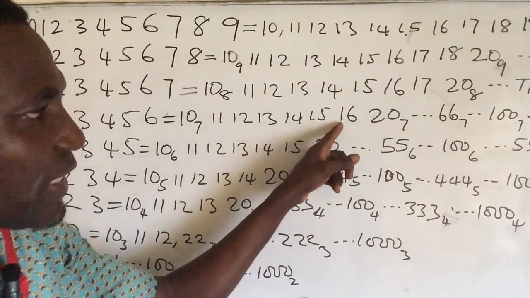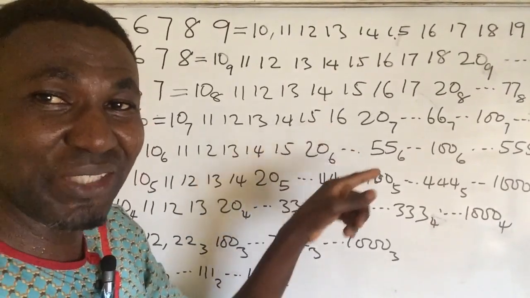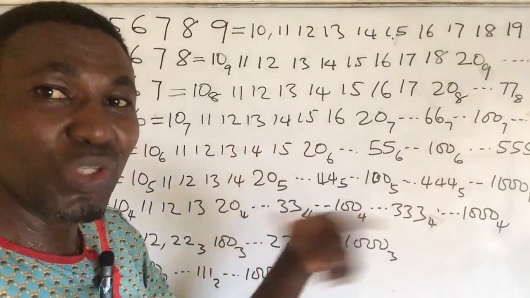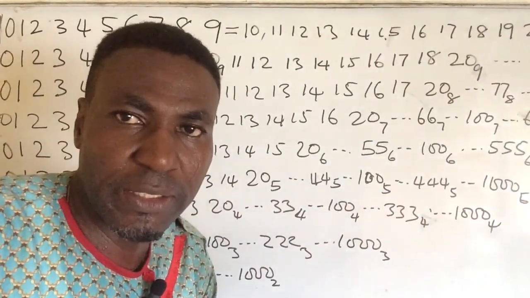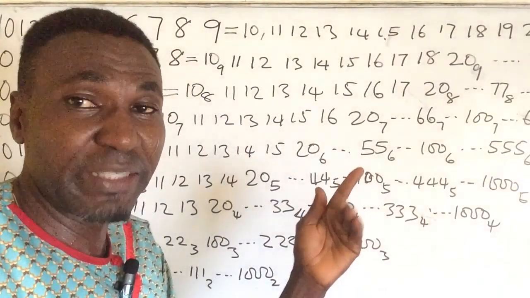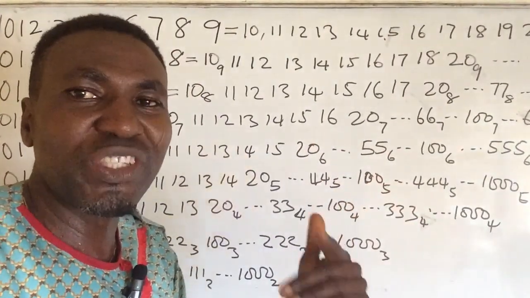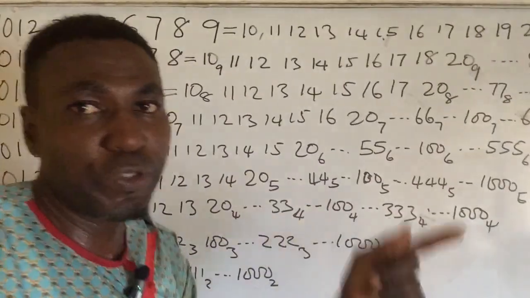Just like, if I will call it 20, it's only when you meet 19 that you meet 20, if it's in base 10. If it's in base 9 now, you will not reach that 19, you will reach 18, and then you reach 20.